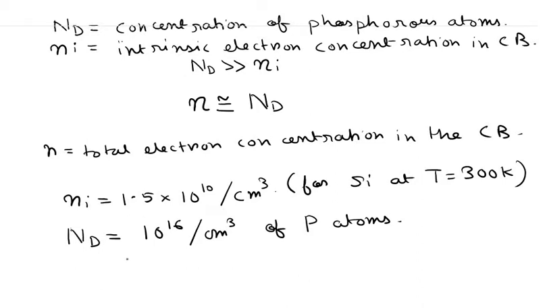So, assuming that the total electron concentration is approximately Ni plus Nd, well, this is not the exact correct formula, but let us assume that the total electron concentration is the sum of the intrinsic carrier concentration plus the electron concentration contributed by the phosphorus atoms. Okay, let us assume it for the time being, that N is approximately equal to Ni plus Nd.